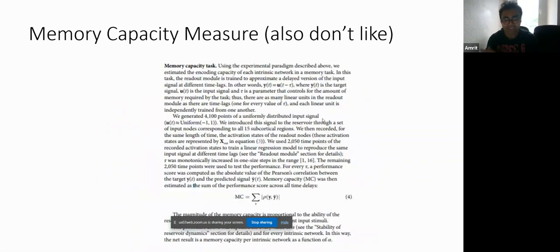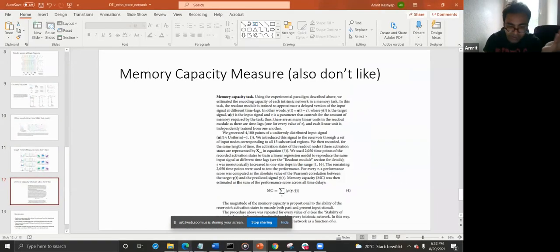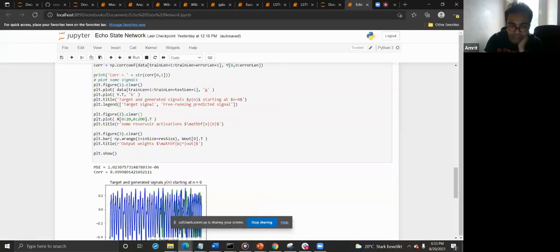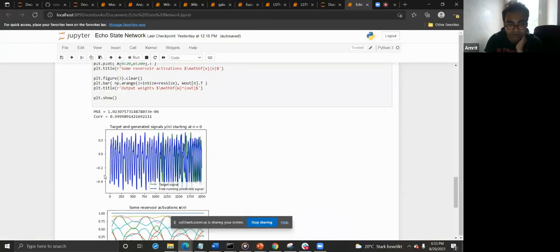But anyway, the last thing I really don't like about this is the way that she used memory capacity. I think you could use a different scoring mechanism that might gain a little more information out. For example, I realized that the correlation between these signals is just going to get worse over time.